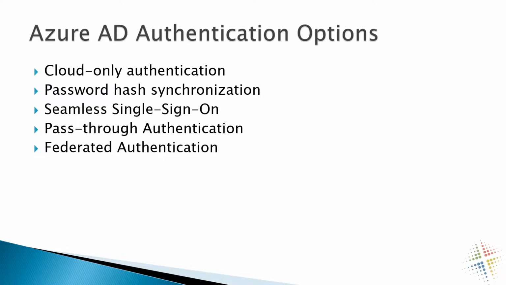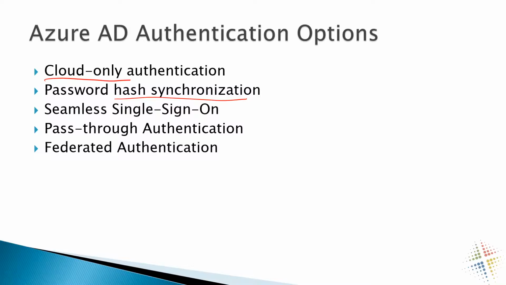Authentication options. So we can do cloud-only authentication. We can create users who exist only in the cloud. If I'm a brand new company starting out and I don't have any servers in my environment, that might be what I would go for. If, however, I'm synchronizing to Azure AD, I may do some sort of a password hash synchronization so that when they log in locally, they can then access cloud resources at the same time.